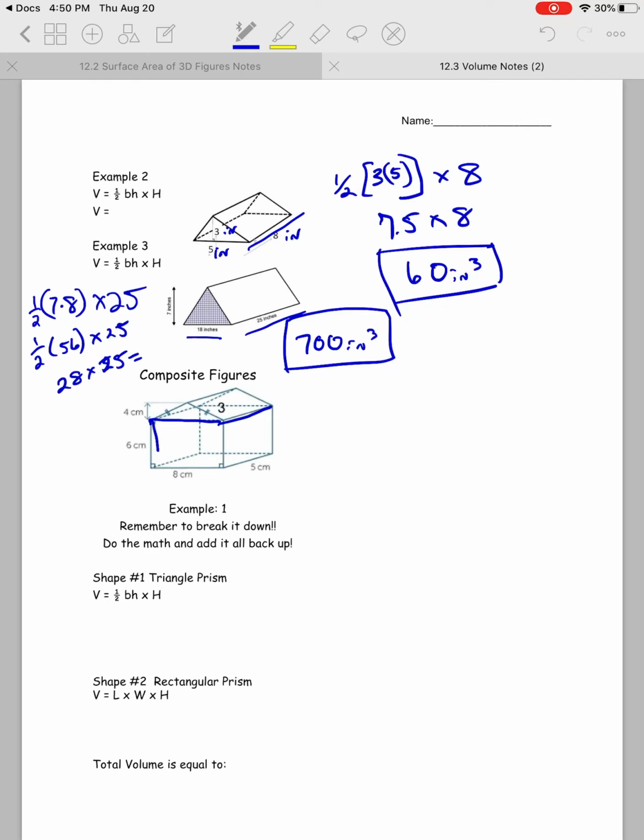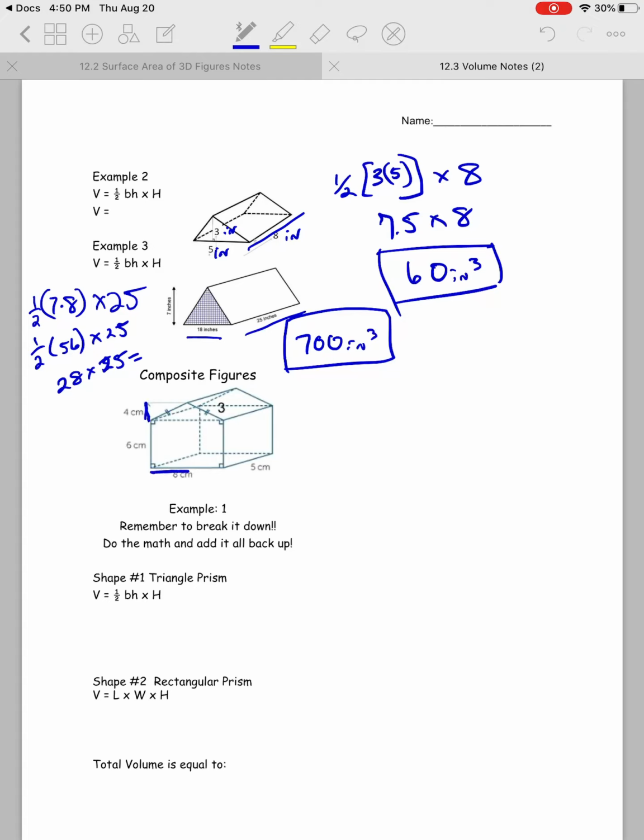We have a rectangle prism right here. Okay? We also have a triangular prism up top. So we need to separate those two and do two math formulas and then add the results. First, the triangle prism.